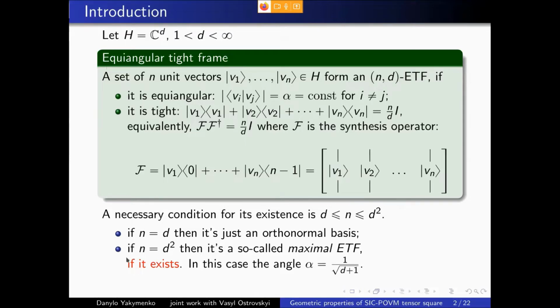And if n equals d squared, then this is a so-called maximal ETF, but only if it exists, right? And in this case, we know the angle. Actually, we always know the angle. The angle is just determined from n and d. Okay.